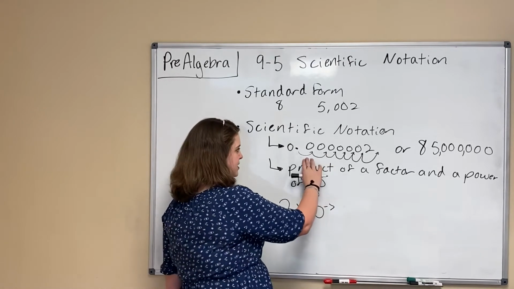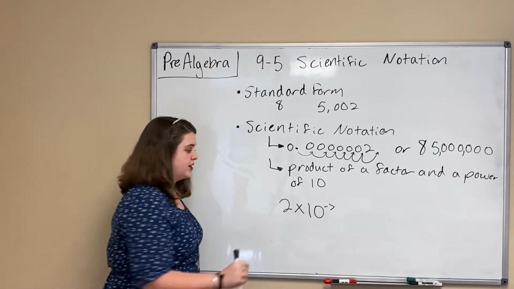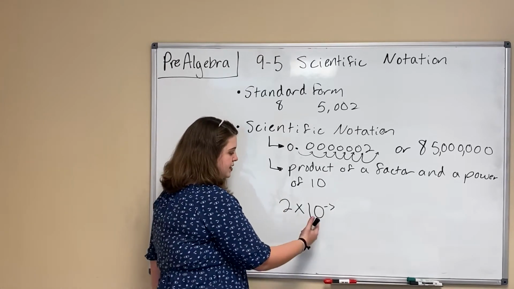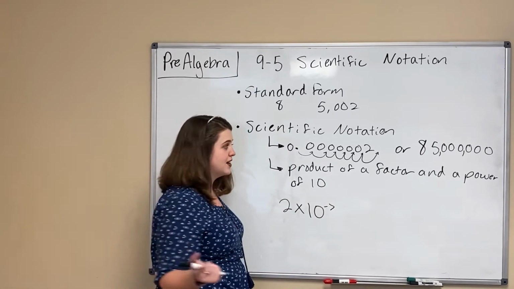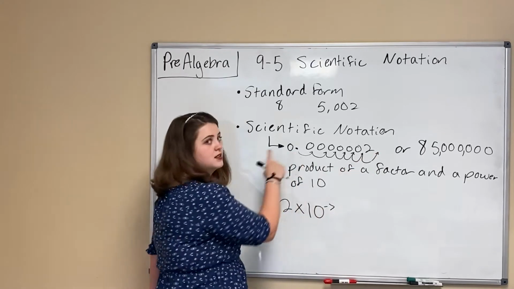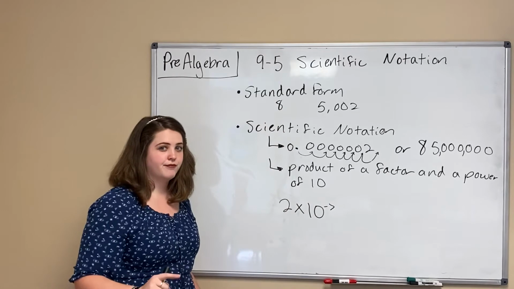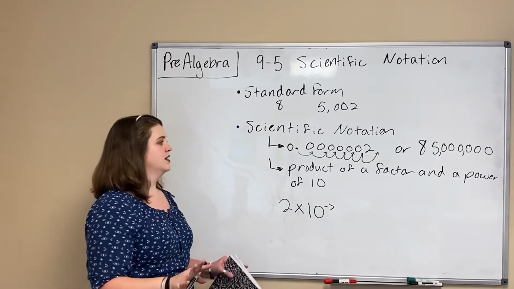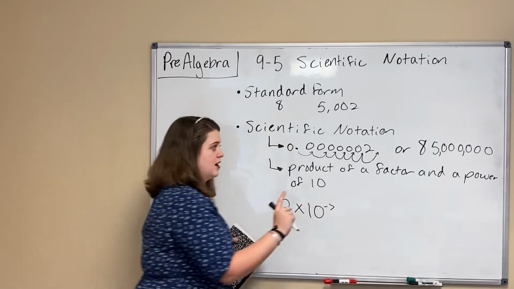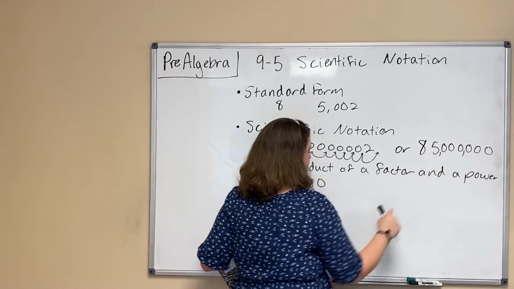Because basically what I'm saying is if I took 2 and I divided it by 10 7 times, I would have my real number. Hopefully that makes sense.